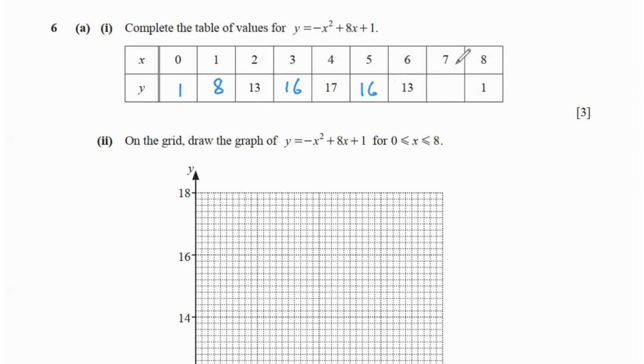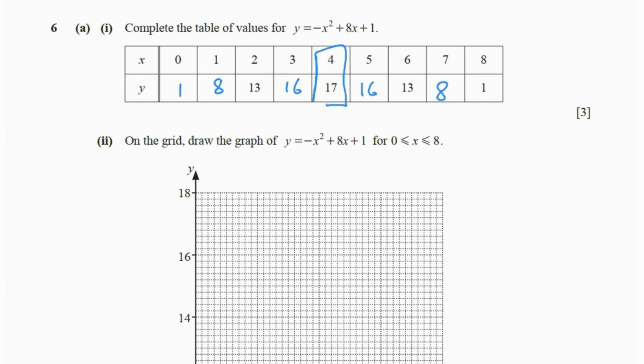And x equals 7 will give us an 8 again. So as you can see, the values for y are exactly the same, which means we have a quadratic curve, and the line of symmetry is x equals 4.